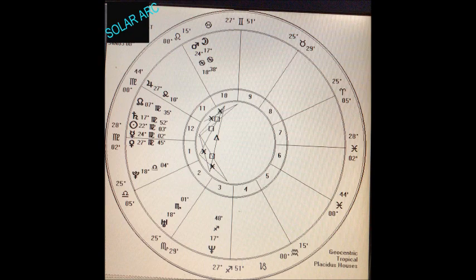Although in fall right now, at the time I'm recording this, it'll eventually be in dignity. So right now Mercury is the dispositor of Venus, and it is combust by being still too close to the sun. See, you get burned by the rays of the sun.